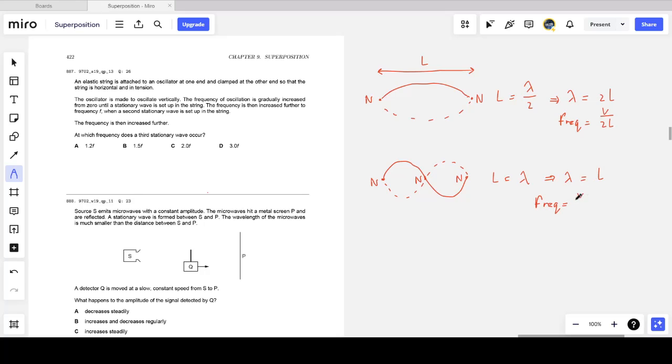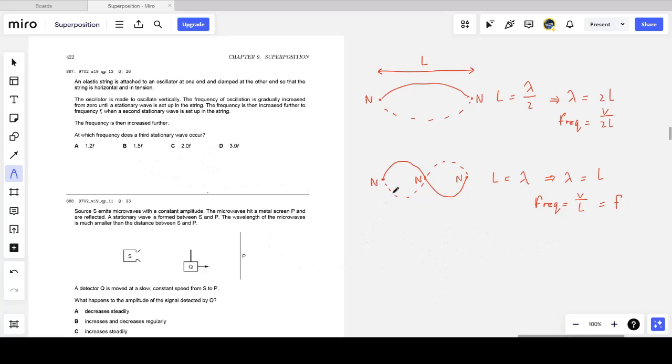That's V over L, but we already told that this is f. So we can see I'm going V over 2L, V over L. The next one is obviously going to be 3 over 2 times V over L, or 3V over 2L. So we can immediately say that it's going to be 1.5 f, but let's prove it.